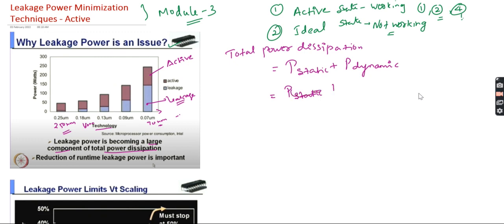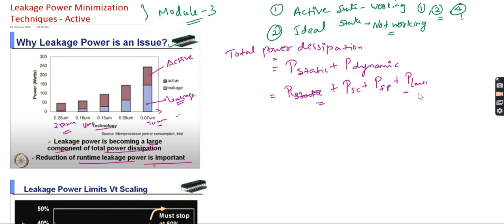Plus the dynamic power dissipation, which is the short circuit power dissipation and the switching power dissipation. Adding all these, we get the total power dissipation, which is very large. Then the reduction of runtime leakage power is very important, because when the circuit is in working condition, we need to reduce the leakage power.